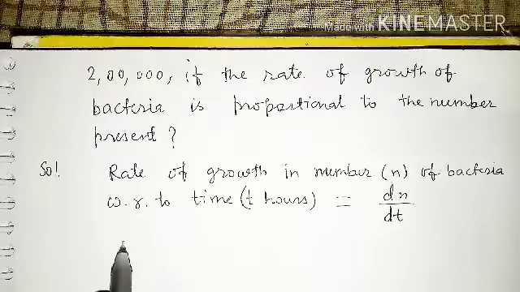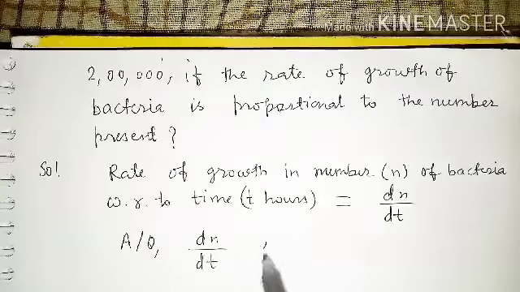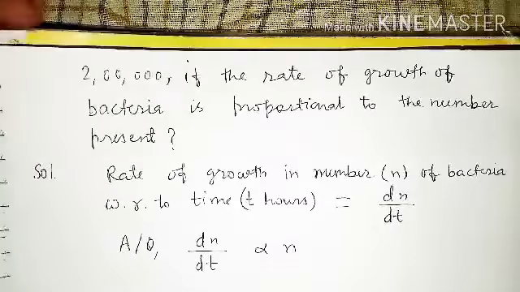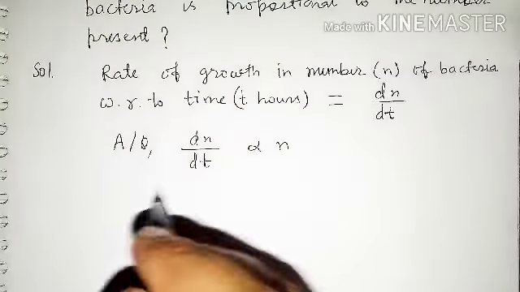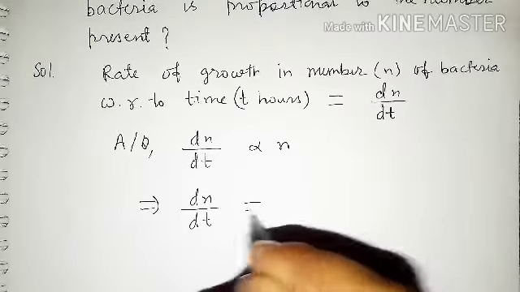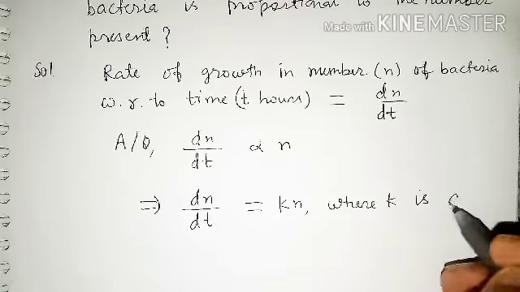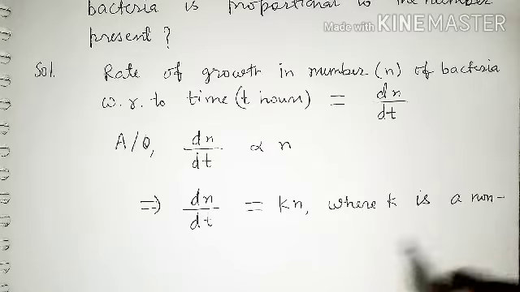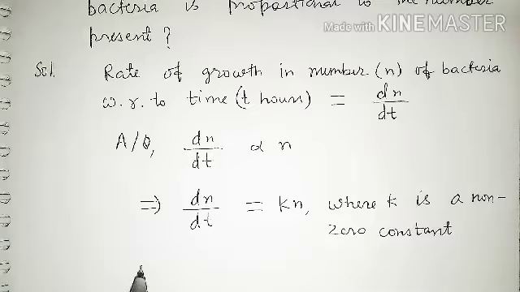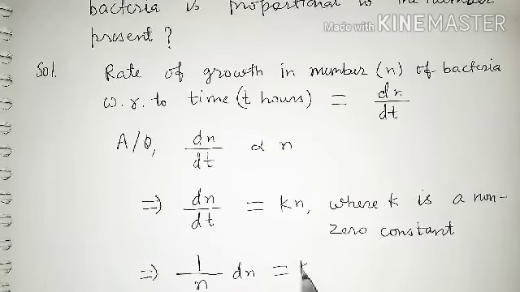According to the question, this rate is proportional to the number present. We can remove the sign of proportionality after multiplying it with constant k, where k is a non-zero constant. So we have 1 by n dn is equal to k dt.